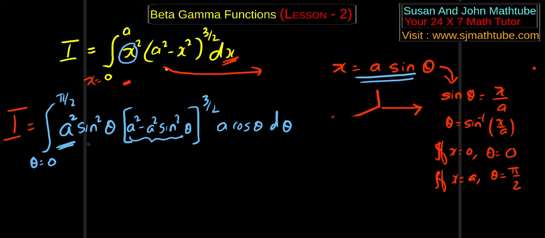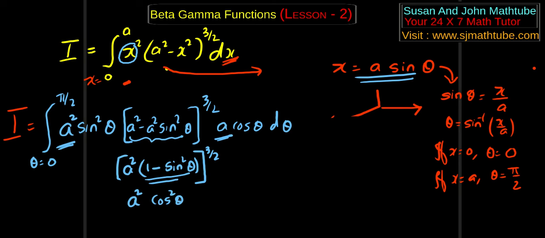So look at this. There is an a square here and there is a here, and what happens here is a square will come common and you get 1 minus sine square theta. And remember, all this happens to the power 3 by 2. Now what is 1 minus sine square theta? It's cos square theta. So this becomes a square cos square theta, the whole power 3 by 2 according to this formula.